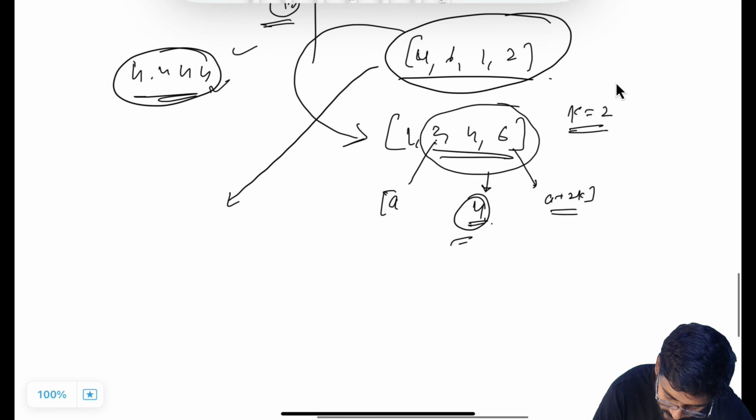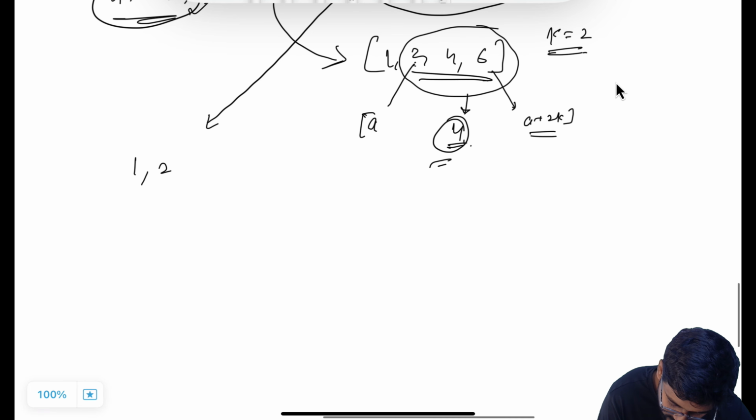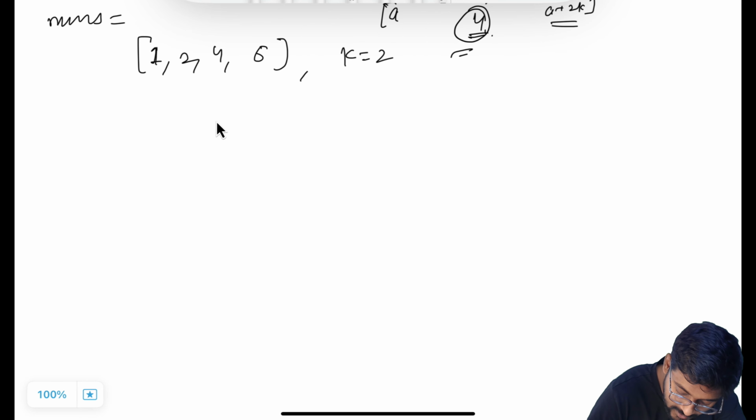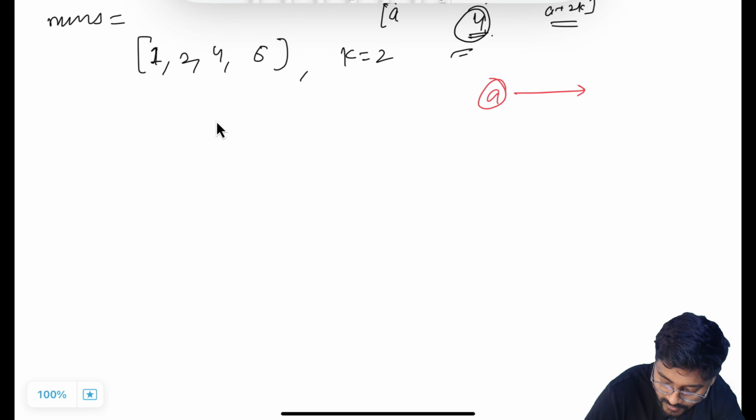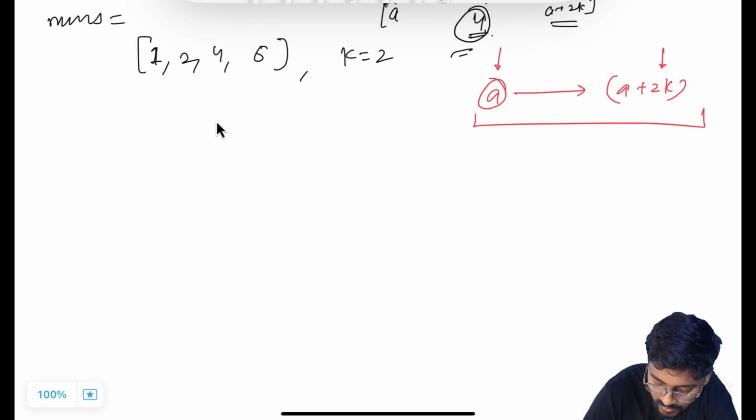Here I did the sorting of this array. It became 1, 2, 4, 6. Now the approach is, if I am having any element A, the maximum element A plus 2k, I'm able to convert any element from this range to a specific value.